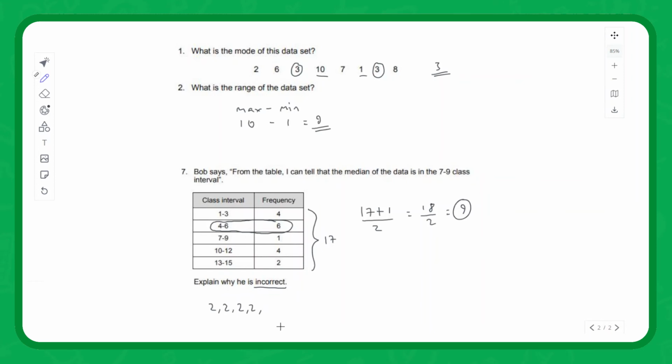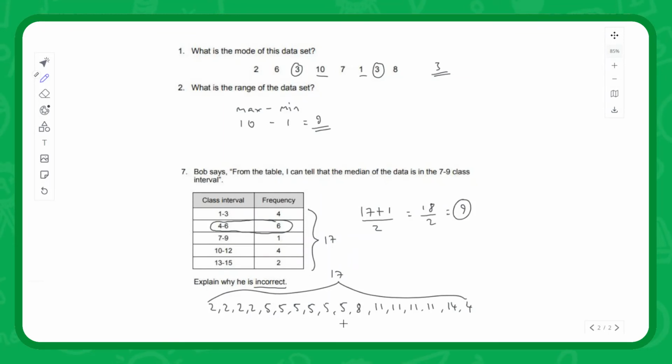We then have 6 pieces of string that are roughly 5 centimeters long. Then we're going to have 1 roughly 8 centimeter long piece of string, 4 11 centimeter long pieces of string, and 2 roughly 14 centimeter long pieces of string. And so again, we've got 17 pieces of string overall, and we want to find the very middle one, right?